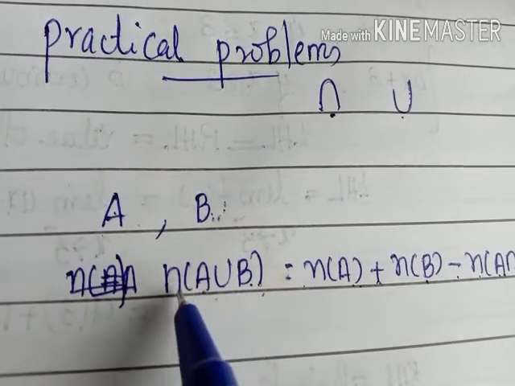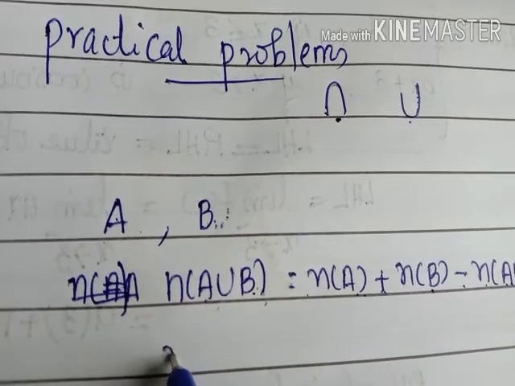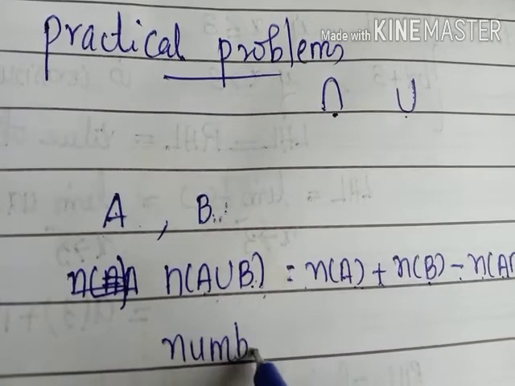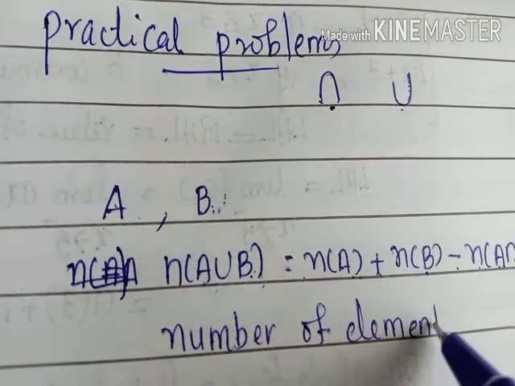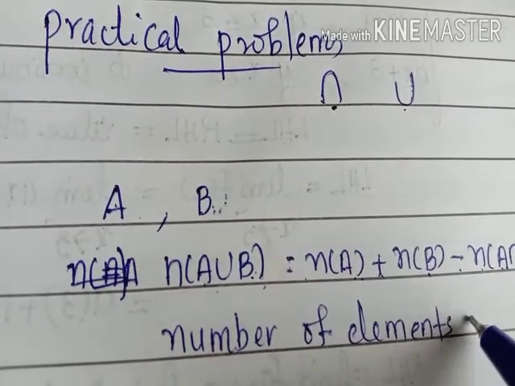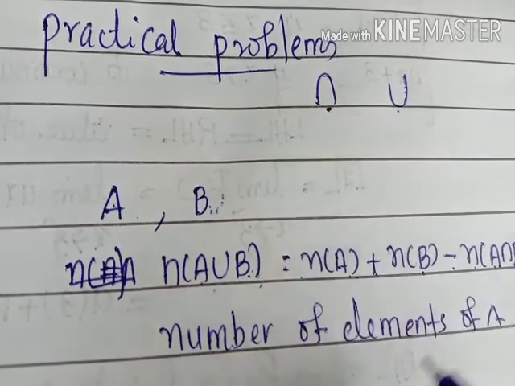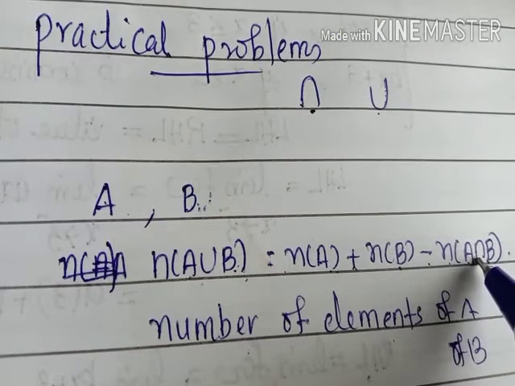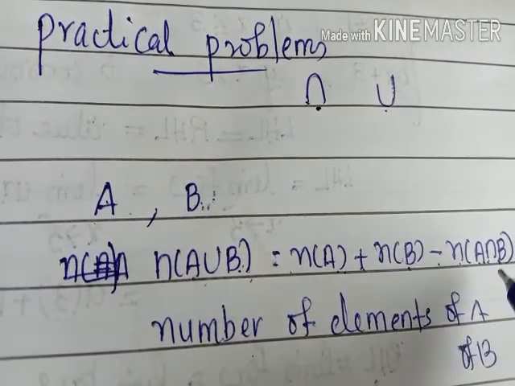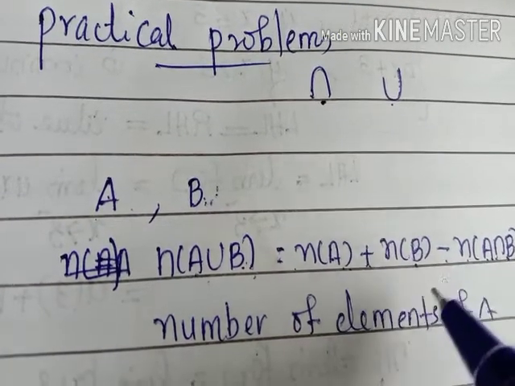Here n of means number of elements. n of A means number of elements of A, n of B means number of elements of B, and n of A intersection B means number of elements in A intersection B.